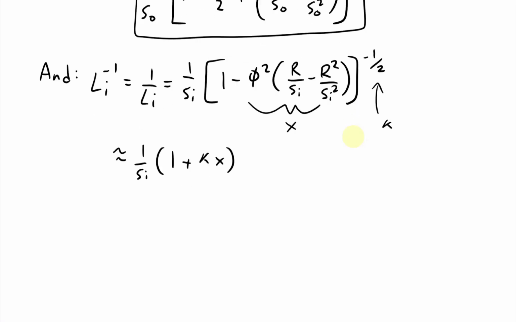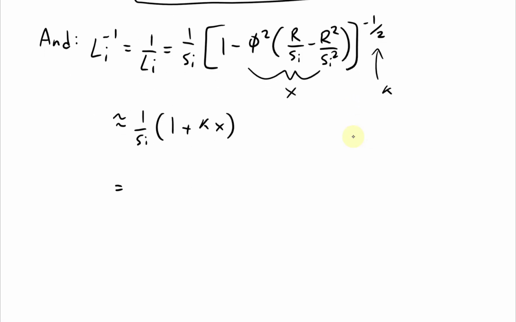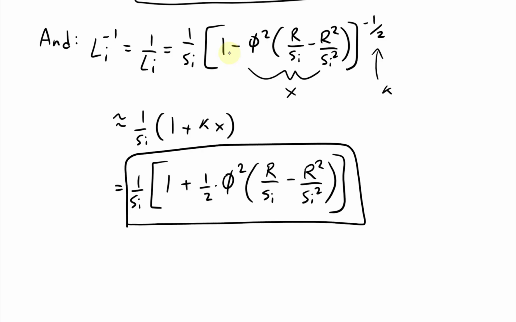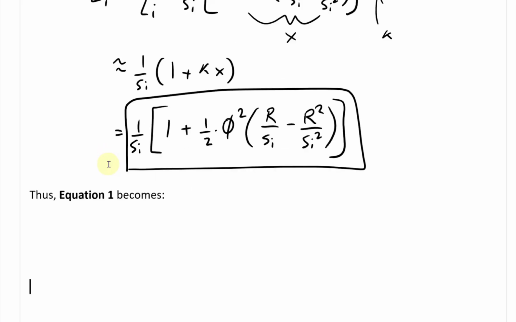And again, we replace that square root sign, so that negative square root becomes much simpler now. 1 over Si, and then we put a square bracket, 1 plus k, which is negative 1/2, multiplied by x, but there's a negative over there, so two negatives become positive, times phi squared, and then we have this R over Si minus R squared over Si squared. Put a bracket like that. And now let's just box this whole thing out. So this is our 1 over Li.